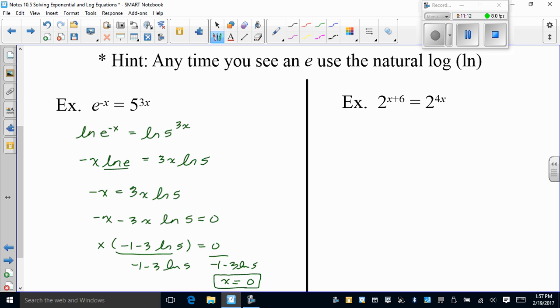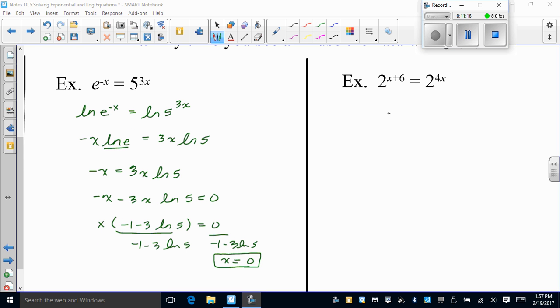Okay, next one. We can do the logs, but there's no purpose in doing the logs on these because that's going to be just a long route there. But since that's the point they're trying to make, we'll go ahead and do it. Log of 2 to the x plus 6 equals log of 2 to the 4x.